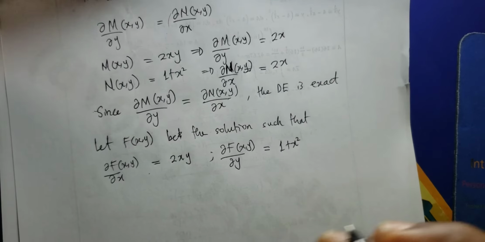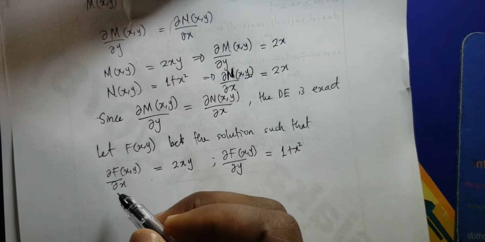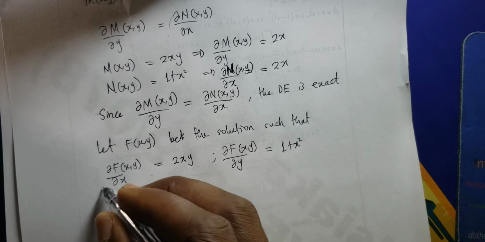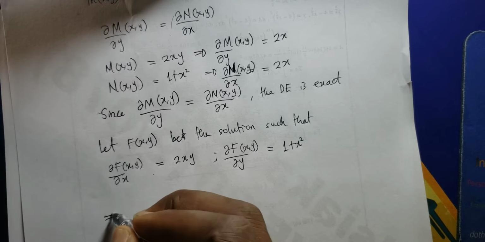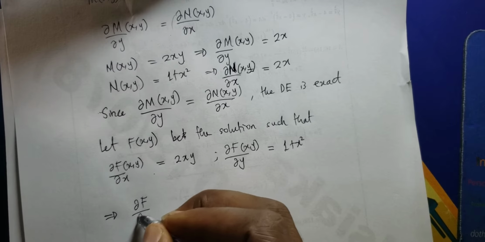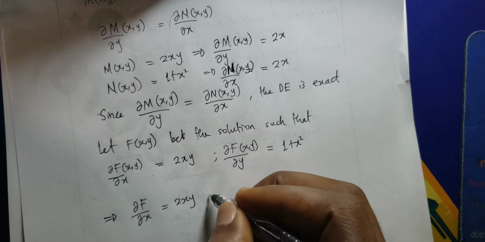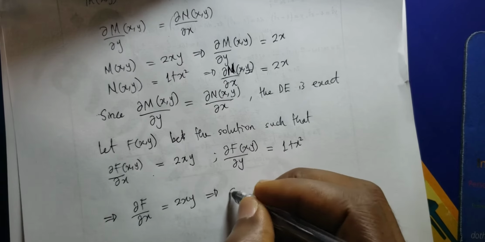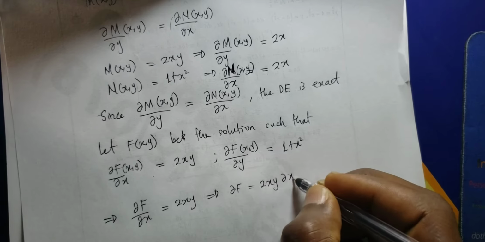So from here we can integrate, let's say some partial integration in that case. You can start with either of them. From here we get del f del x equal to 2xy, and from this we get del f equal to 2xy del x.